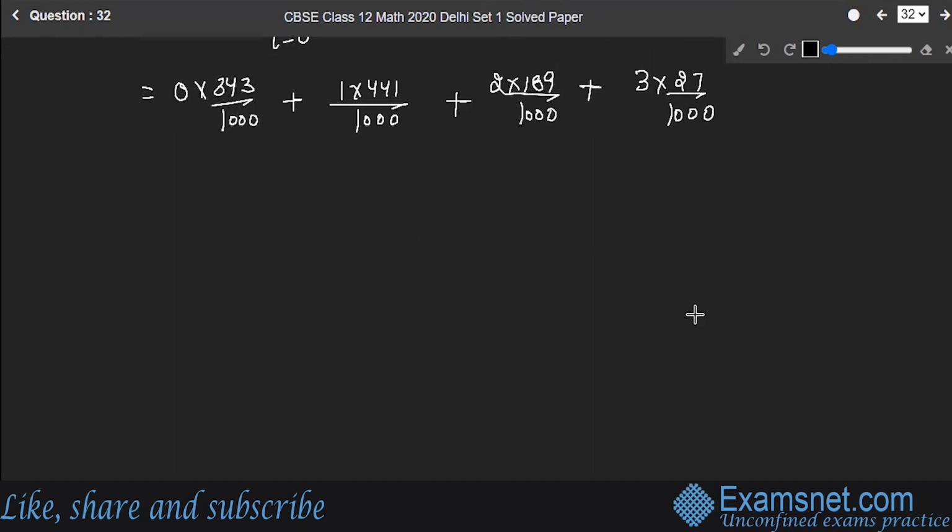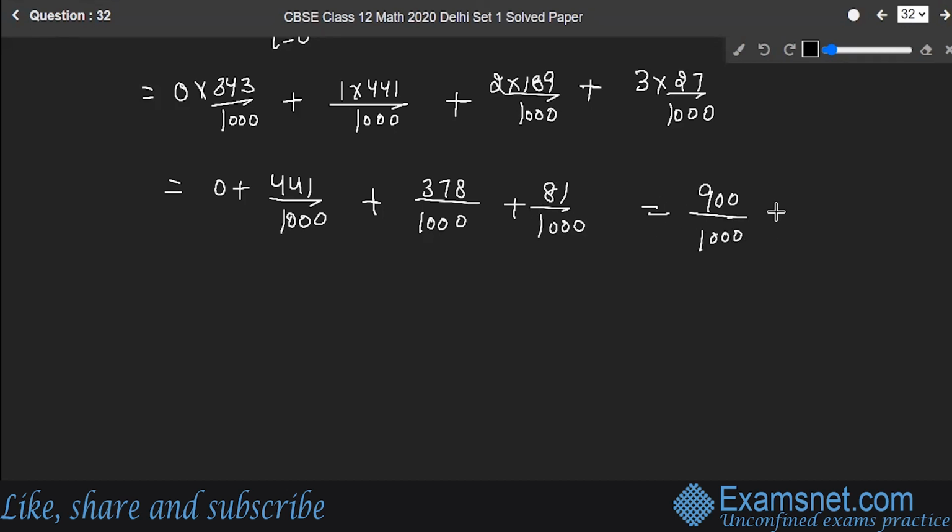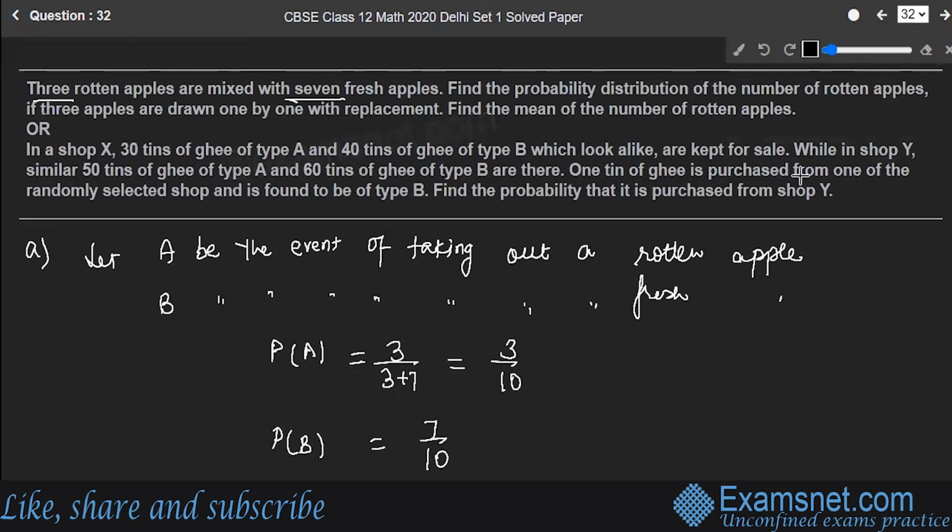So this will be equal to 0 plus 441 upon 1000, 378 upon 1000, 81 upon 1000, which will give you a total of 900 upon 1000, or this is equal to 0.9. Therefore, the mean of the number of rotten apples is 0.9, which is the answer of the question. Hope you understood that. Let's move on to the B part.